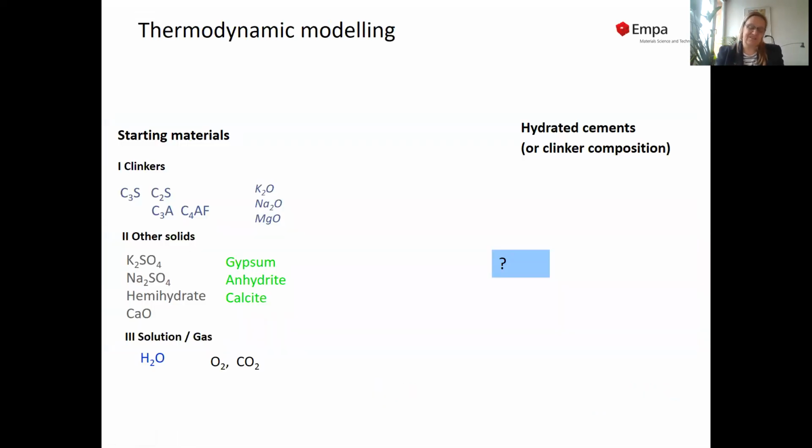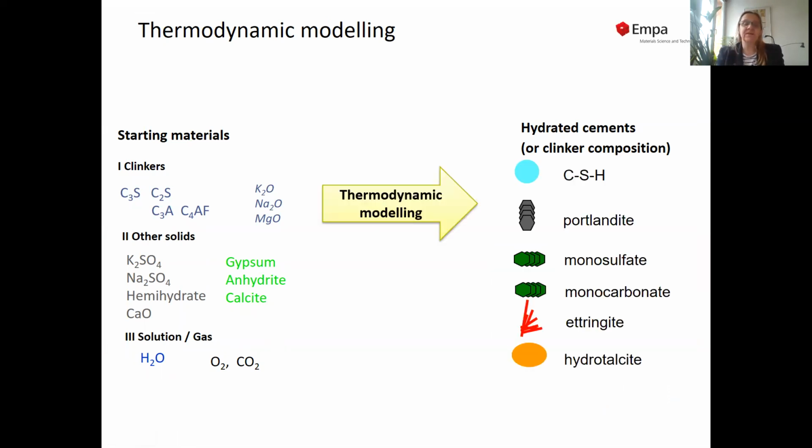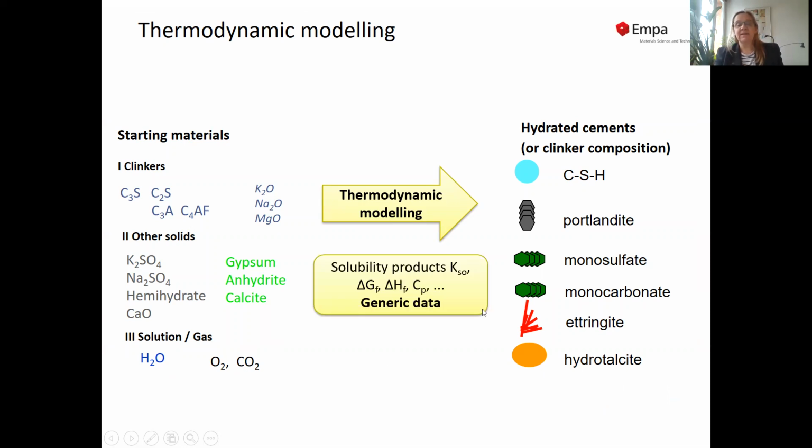To develop such a model, we can use thermodynamic modeling, which can link the chemical composition of the starting material, of the alite, belite, aluminate, and ferrite, and of the minor elements or solids present in a cement, to the hydrated composition by the usage of a number of different thermodynamic constants, in particular of the solubility product, which is related to the Gibbs free energy, but we also can incorporate the enthalpy and the heat capacity of these elements.